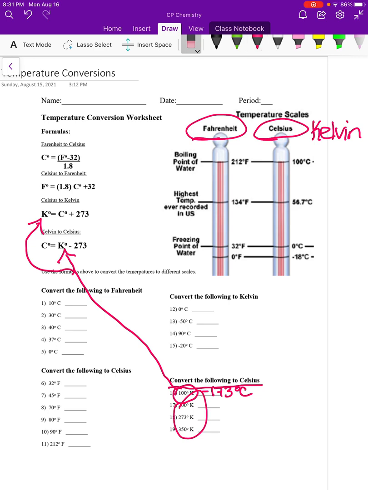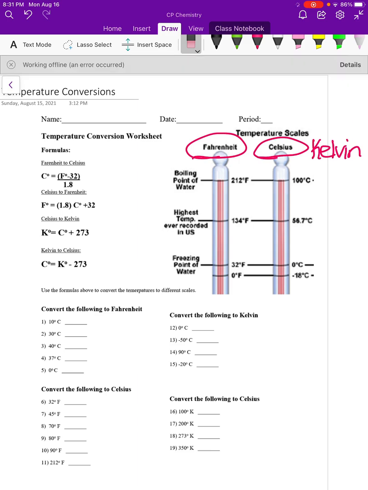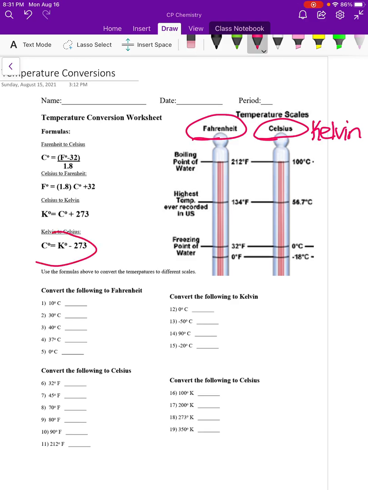You can convert from Kelvin to Fahrenheit or Fahrenheit to Kelvin. You'll just have to use both formulas. So if you're given Kelvin, you would use this one.